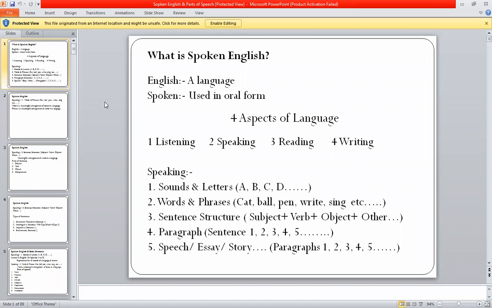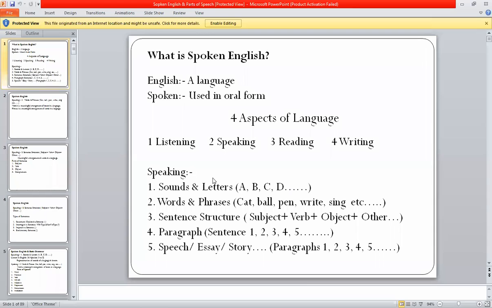Okay, this subject is only for betterment of your skills, communication skills. So after seriously doing this course, you will understand what is required to learn the English language, or what is required to learn speaking English language.